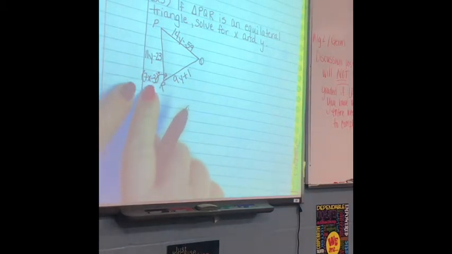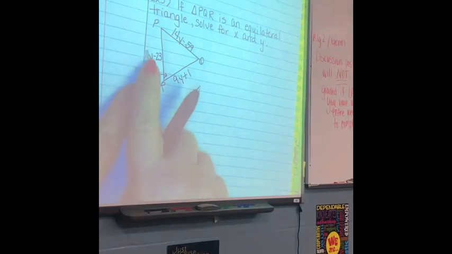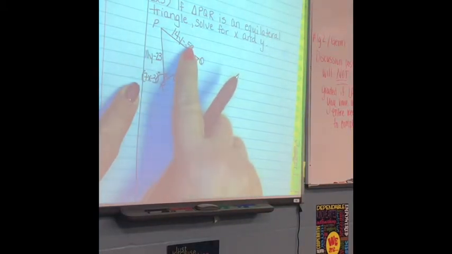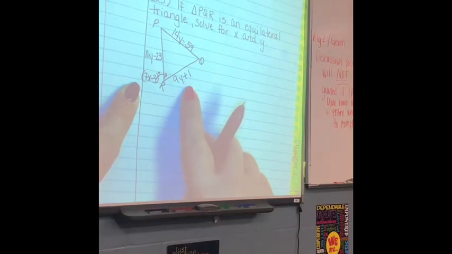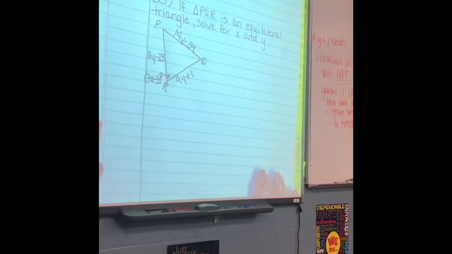That's 7x minus 3 there. And then the sides are 11y minus 23, 14y minus 59, and 9y plus 1.